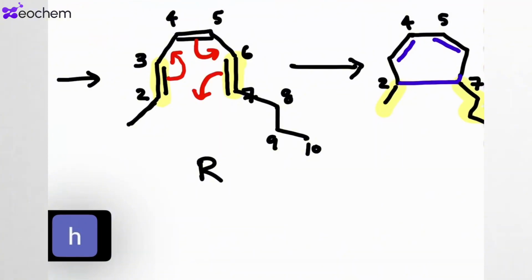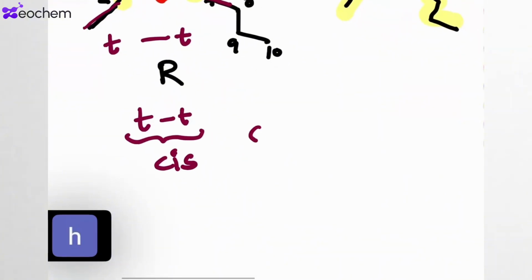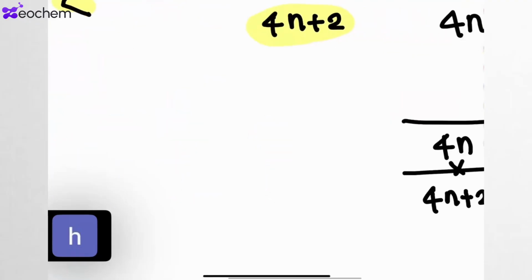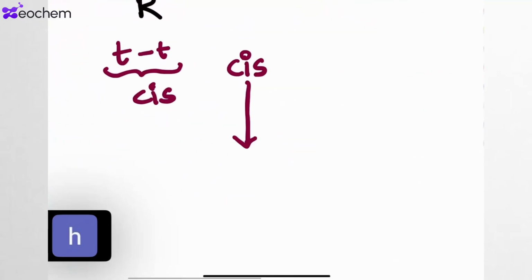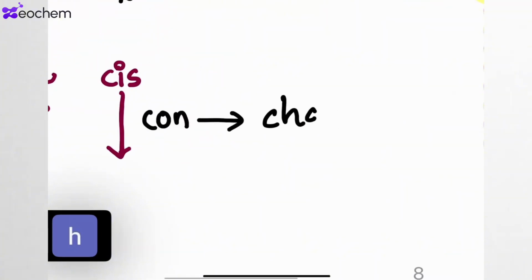This bond, one substituent is this side, other one is this side, so it is trans. Here, this bond, one is this side, another one is the opposite side, again it is trans. So I told you, trans and trans means cis, right? So overall stereochemistry is cis, and this molecule is undergoing con rotation. Con is standing for change in stereochemistry.